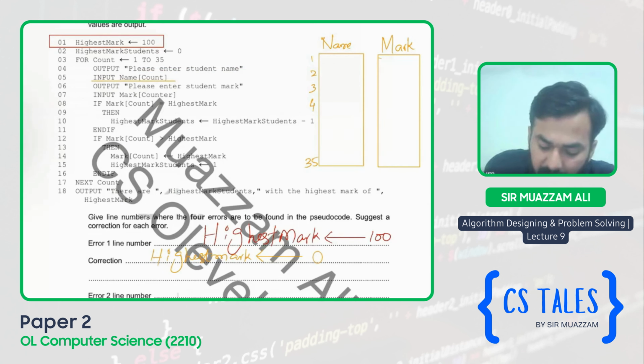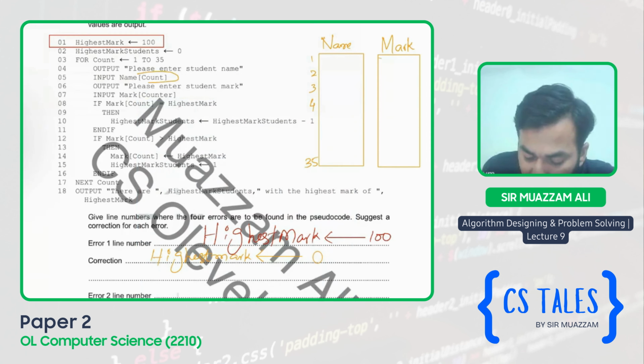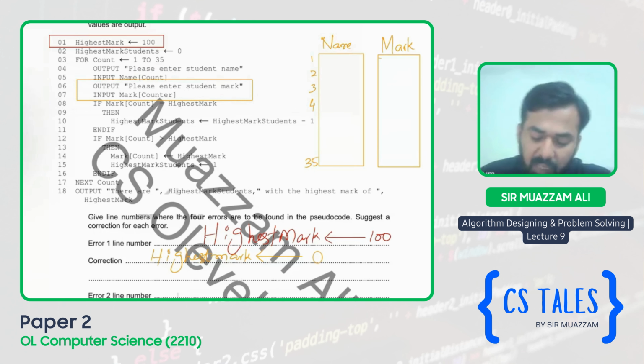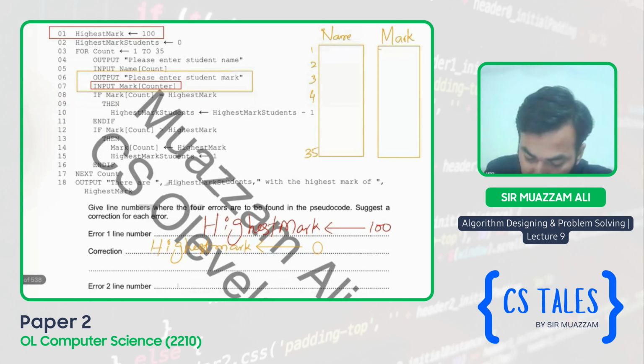Whatever loop counter you are using will always be used here. Then output: please enter student marks. Then marks counter. There is a different variable here, so that's why there is a problem, and we need to correct this one.